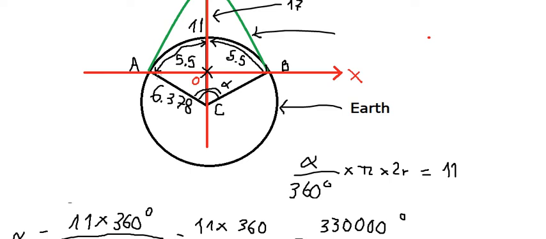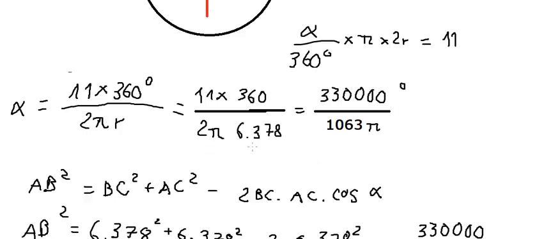So we have ACP. We can find the area of the triangle ACP with two radii and this alpha in here.